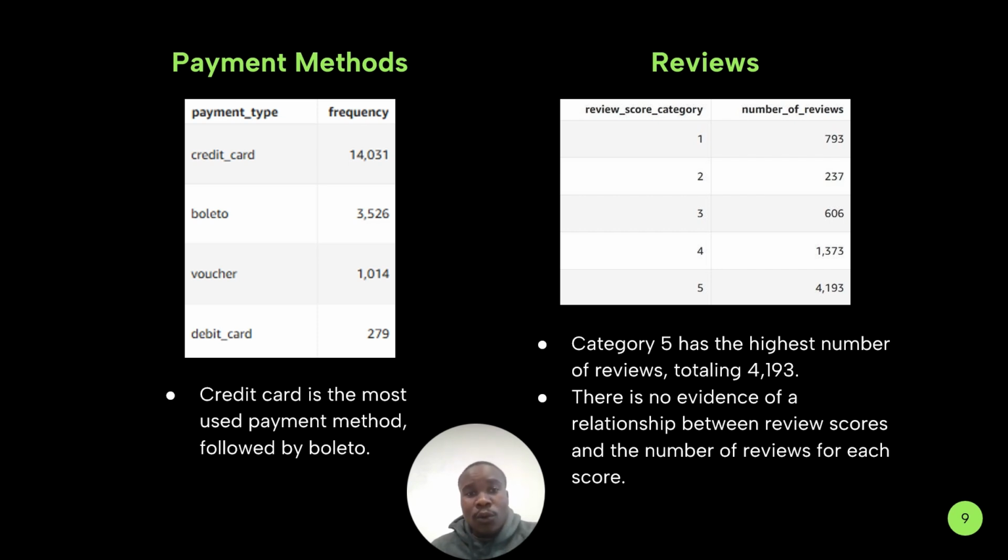Reviews. Review score 5 dominates with 4,193 reviews, indicating strong customer satisfaction, followed by a score of 4 with 1,373 reviews. In contrast, lower scores 1, 2, and 3 have significantly fewer reviews at 793, 237, and 606 respectively, while higher scores attract more reviews.